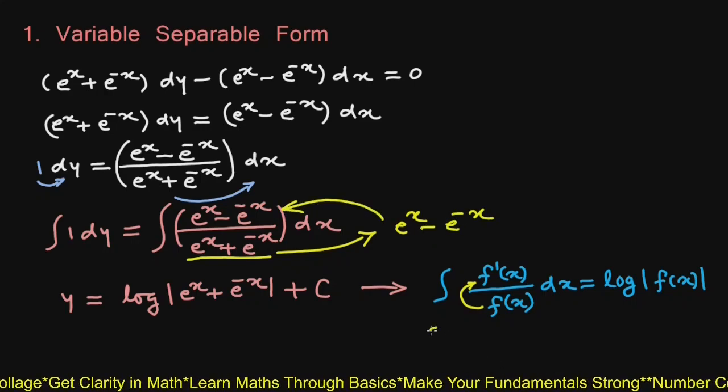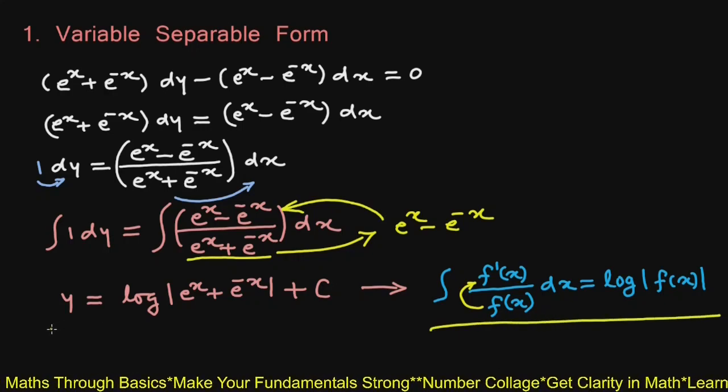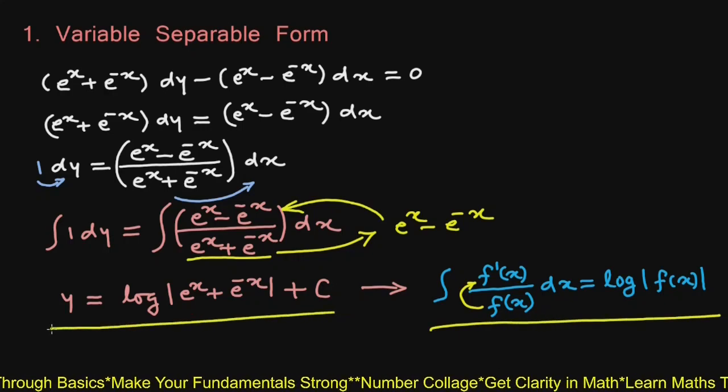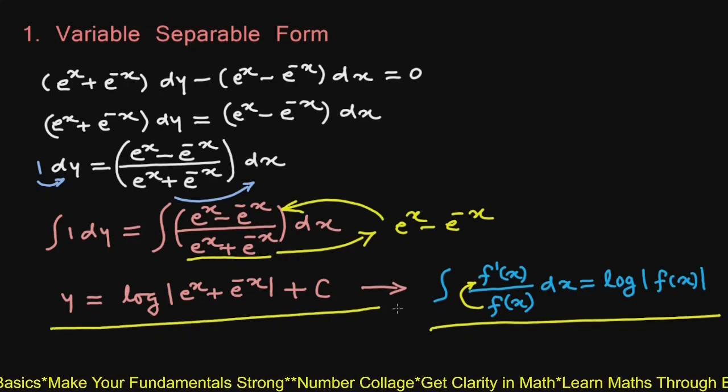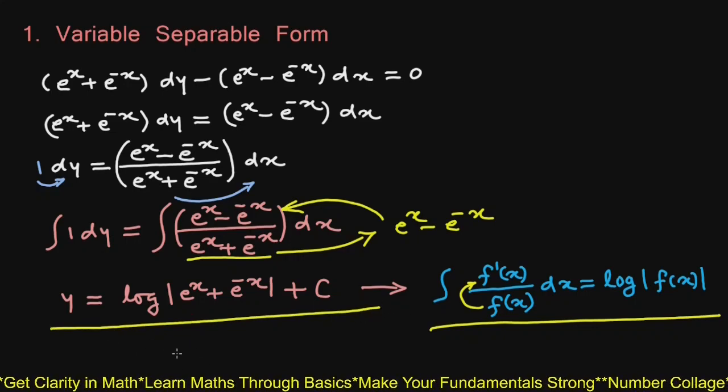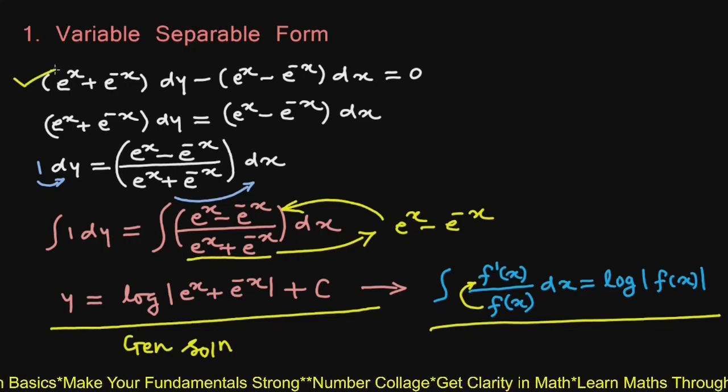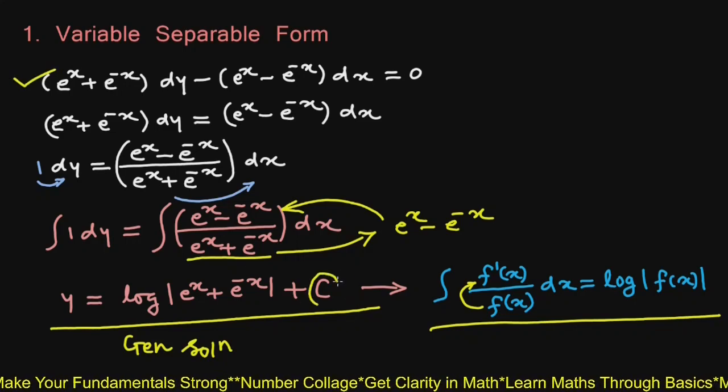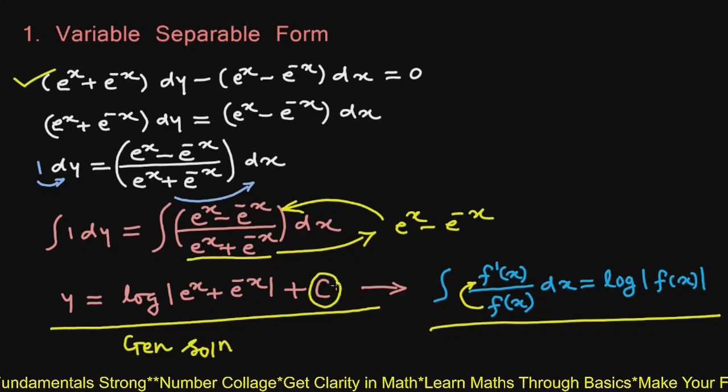So according to this rule, the integral will be y equals log mod of (e raised to x plus e raised to minus x) plus c, which is the general solution of this differential equation, where c is a parameter or arbitrary constant.